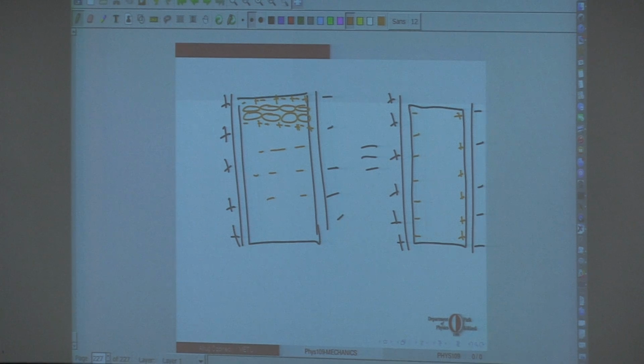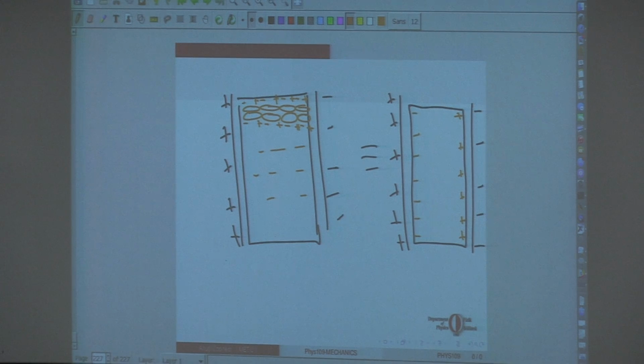If you put this in an external field, the negative charges will be slightly shifted towards the positive plate, and the positive charges will be slightly shifted to the negative plate. So on the surfaces, you will still get some effective charges. Although they are not free to move, nevertheless, the surfaces will behave as if they are charged.